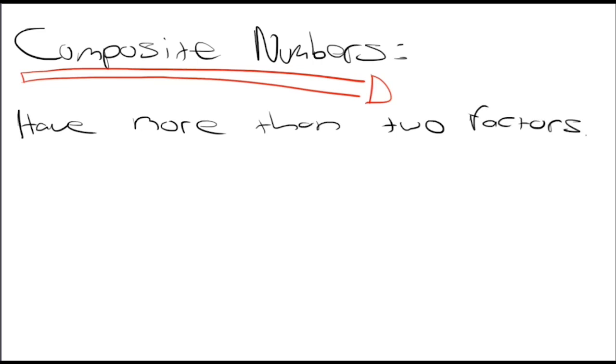We spoke about prime numbers, and we said prime numbers have only 2 factors, and the only 2 factors of a prime number are 1 and the number itself. Okay, 1 and itself. But when we're dealing with composite numbers, they can have very many factors.